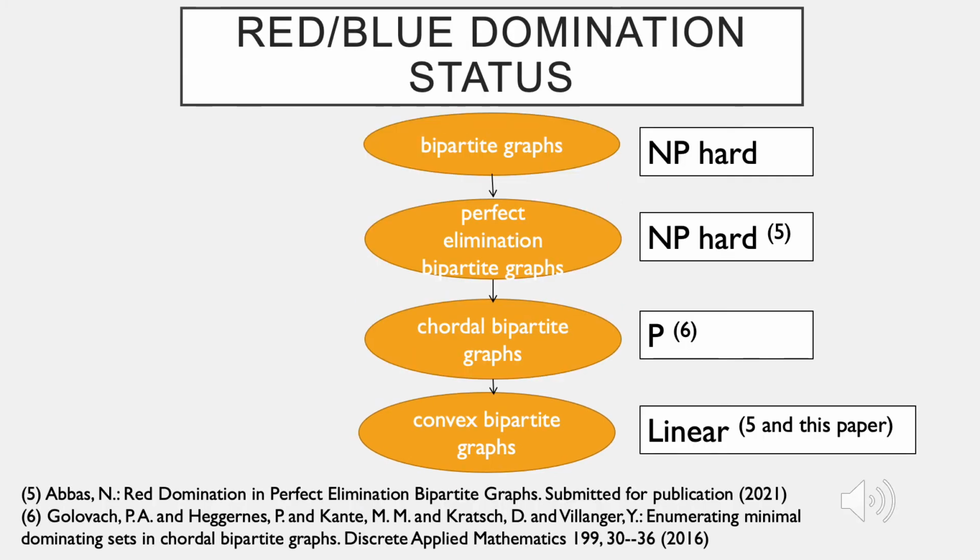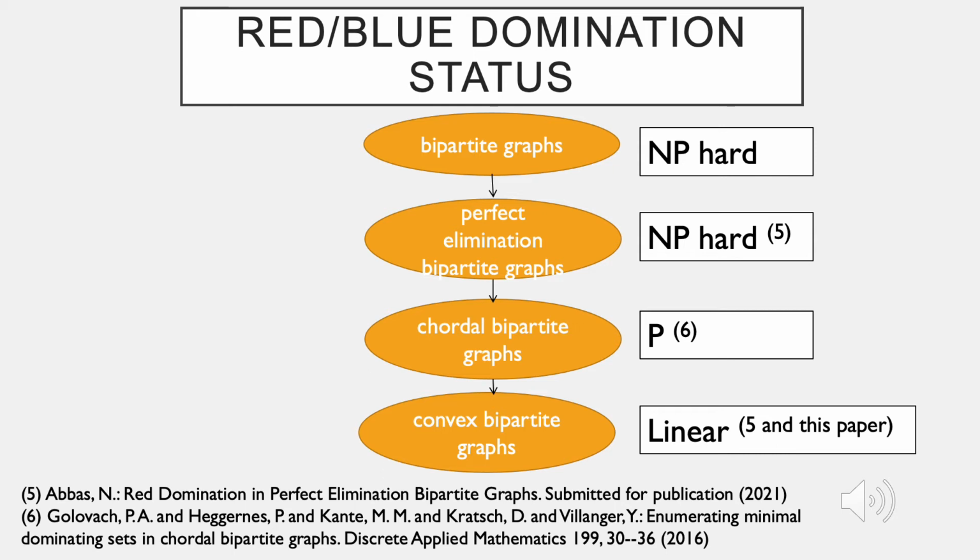The problem is NP-hard on bipartite graphs by virtue of it being a set cover. In 5, this author shows that the problem is NP-hard for perfect elimination bipartite graphs. In 2016, Golovach et al. developed an enumeration algorithm for the problem on chordal bipartite graphs, and it runs in order n times the minimum of m log n and n squared delay time.